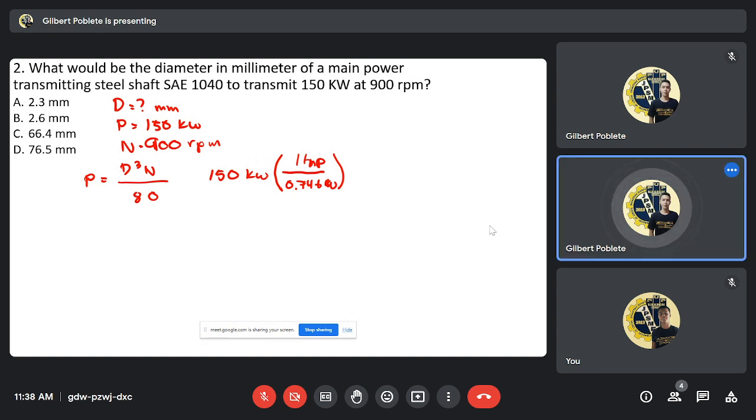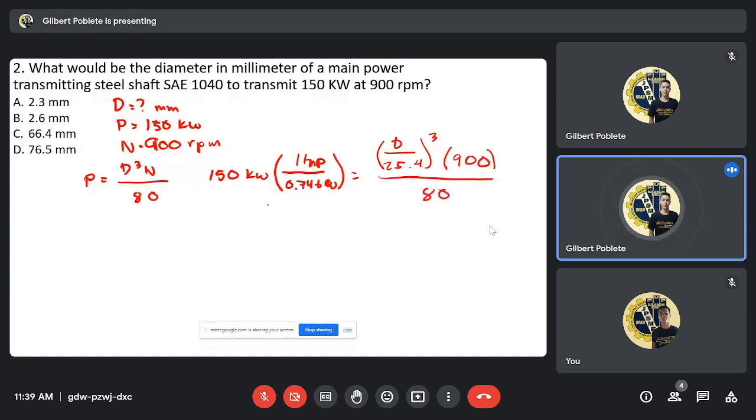Okay, so equals natin sa diameter. So, ang diameter doon is in inches. So, gagawin natin siyang millimeter. So, we have D over 25.4 raised to 3 times 900 RPM over 80.